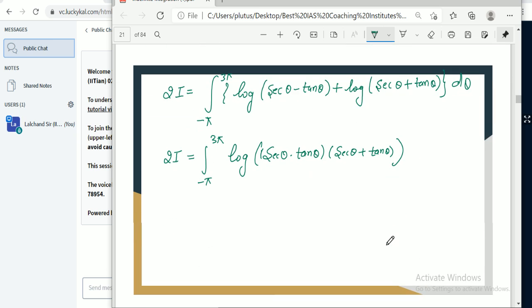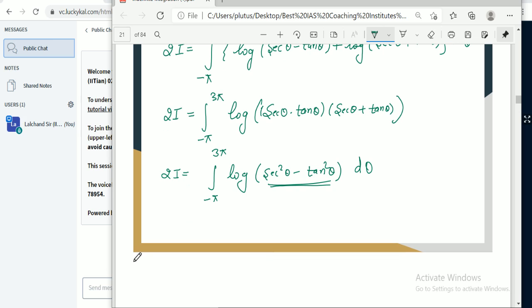So 2I is equal to integral from minus pi to 3 pi of log of sec square theta minus tan square theta d theta. What is the value of this? This value is 1 and log 1 is 0. So this is integral from minus pi to 3 pi of log of 1 d theta. Log 1 is 0, so the final answer is 0. This is the final answer.